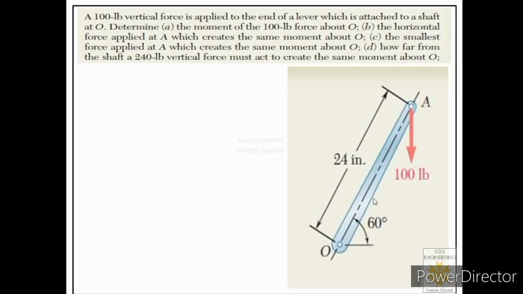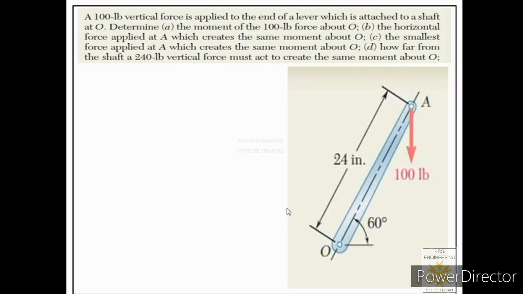So we are given one lever in the problem. This diagram is given to us. And at point O, one shaft is attached. So about that shaft, this lever can rotate.